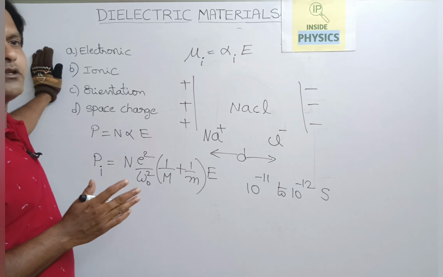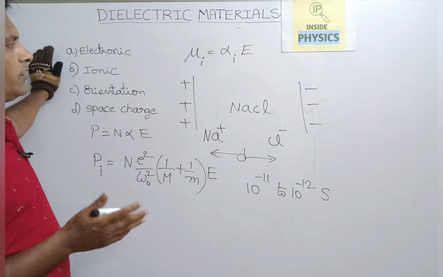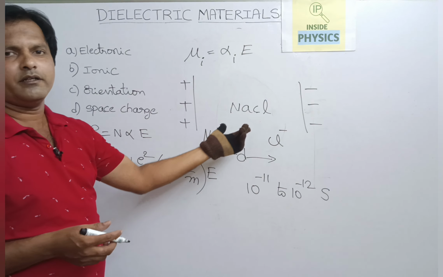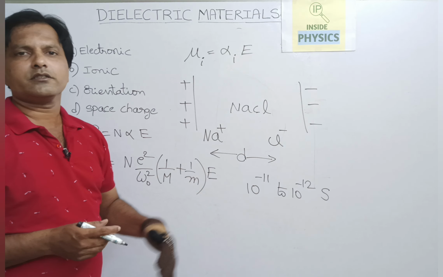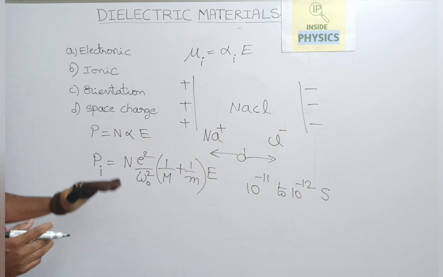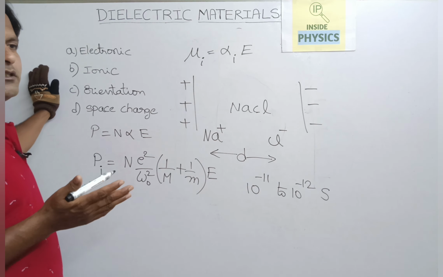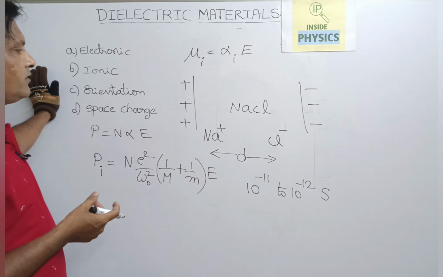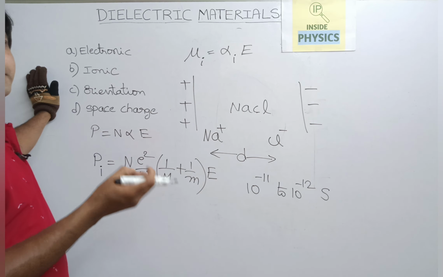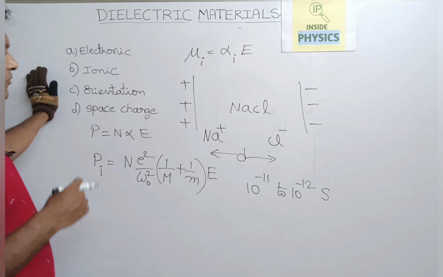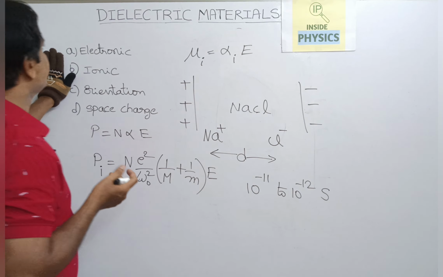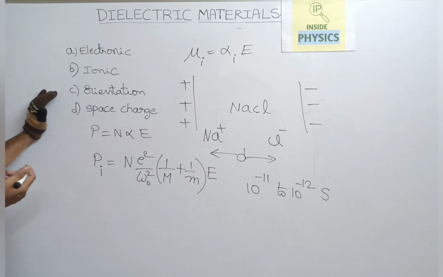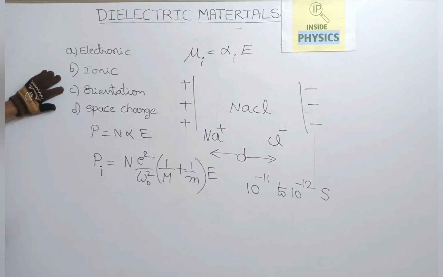Electronic polarization also happens in ionic crystals, but electronic polarization is predominantly more than ionic polarization. Ionic polarization is less compared to electronic polarization. Okay, so next we'll take up orientation polarization.